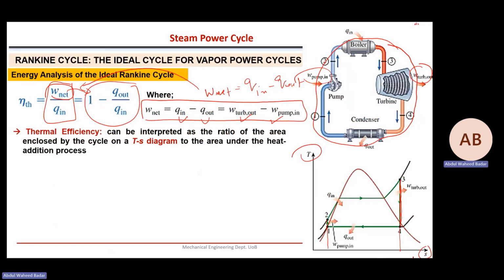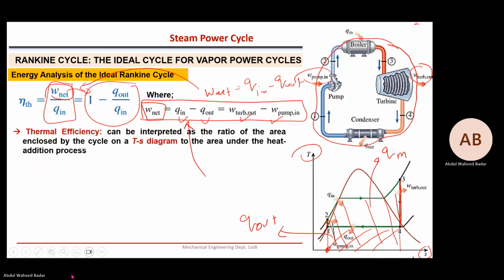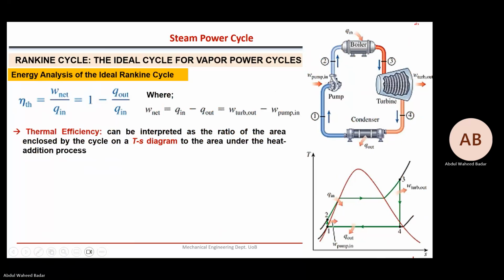Area under this curve is also almost 0. So the area under the curve 2 to 3 is representing Q in, and the area under the curve 4 to 1 is representing Q out. And we know from the overall energy balance, Q in minus Q out is actually representing net work output. So this area is our net work output on the TS diagram.